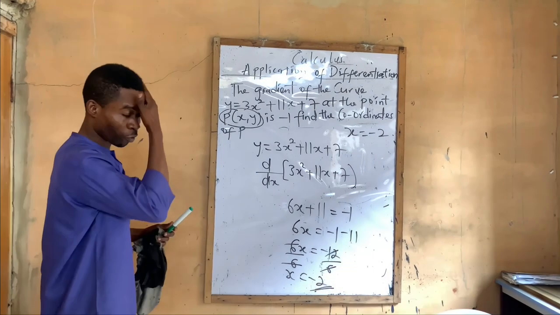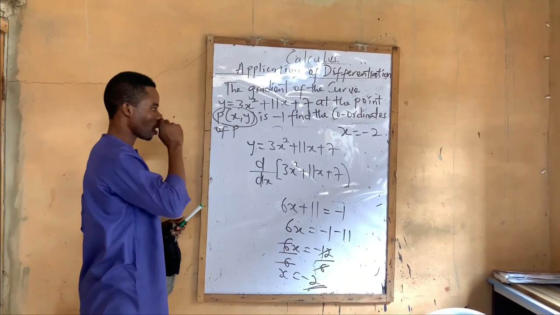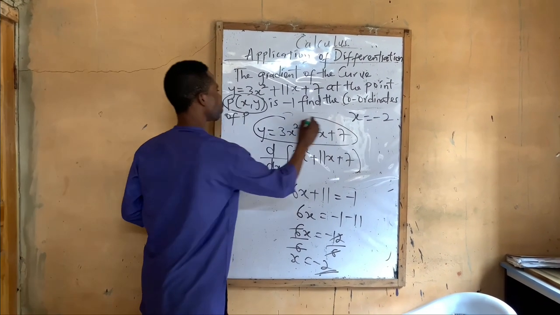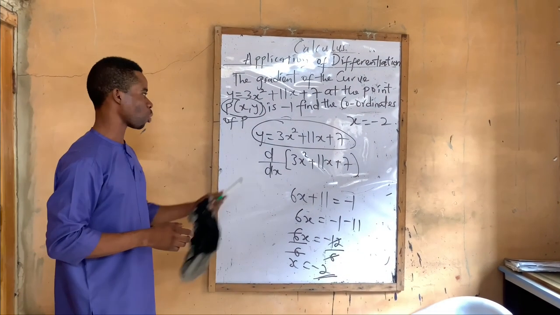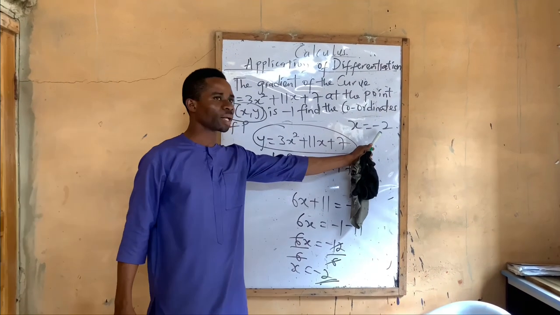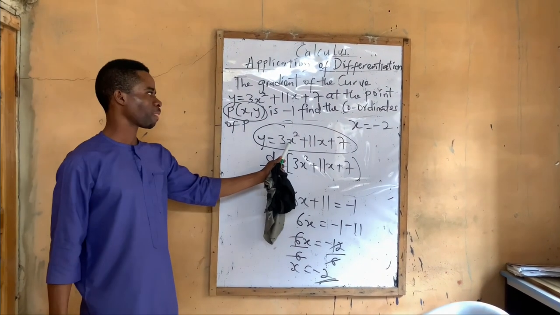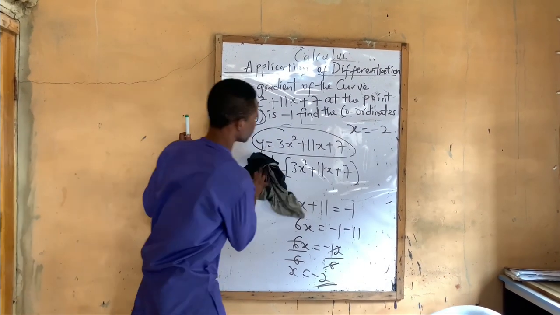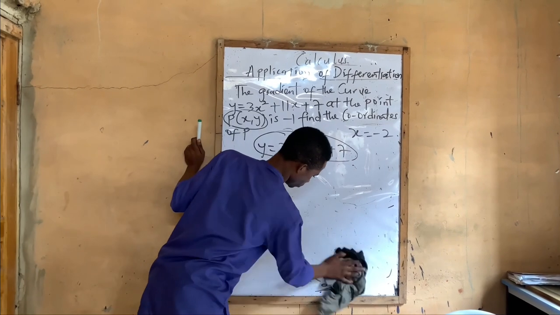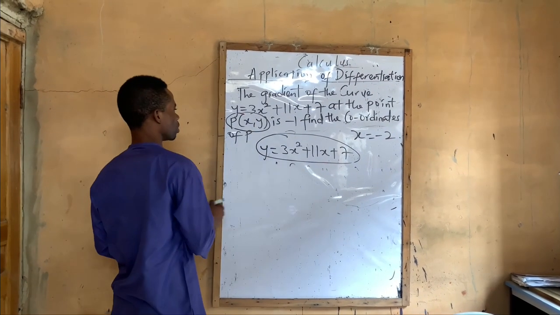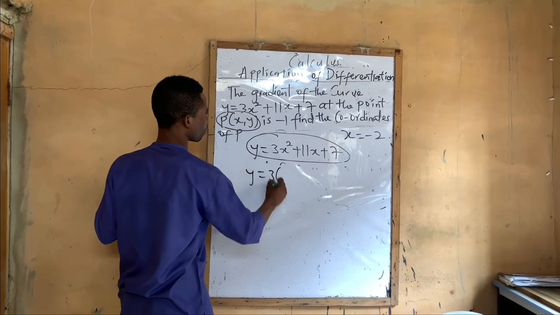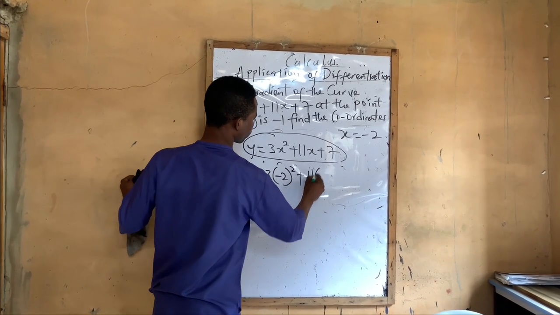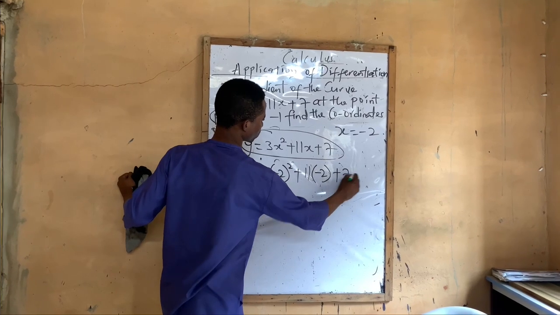Now, do not forget I'm looking for coordinates, so I need to get y also. How do I get y? I know that y equals this from the original question given to me. Anywhere I see x in this function, I'll substitute minus 2 in order to get my y. So y equals 3 open bracket minus 2 squared plus 11 open bracket minus 2 plus 7.